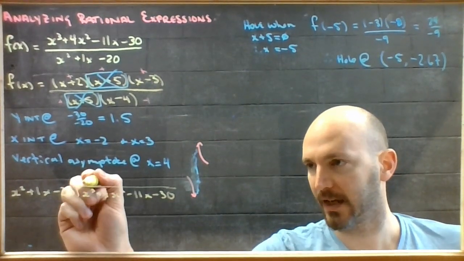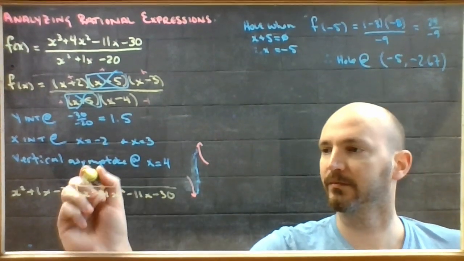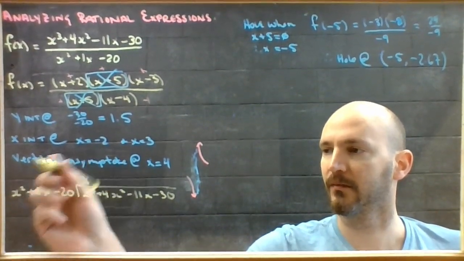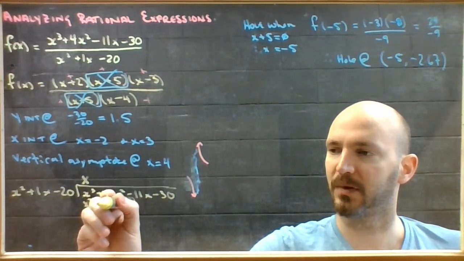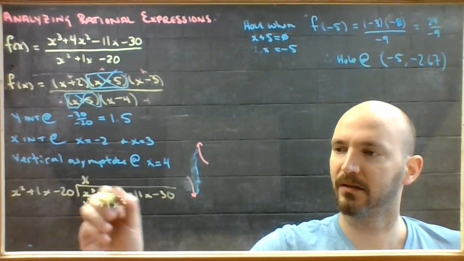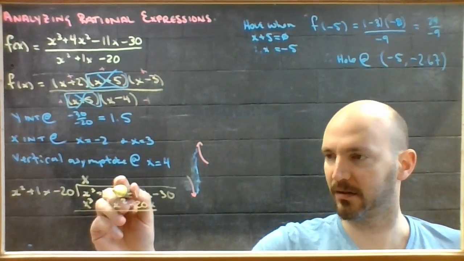So I will need an x, better marker apparently. X times x squared is x cubed plus 1x squared minus 20x's. Take that out of the pile.